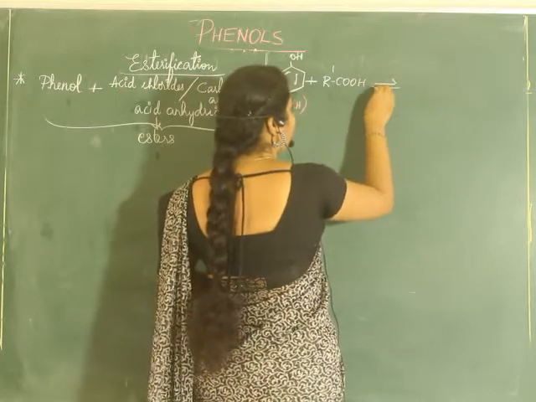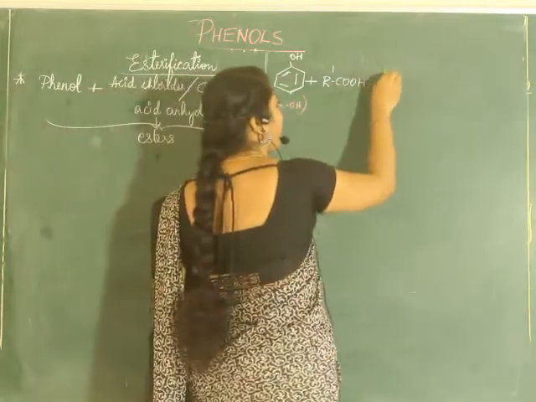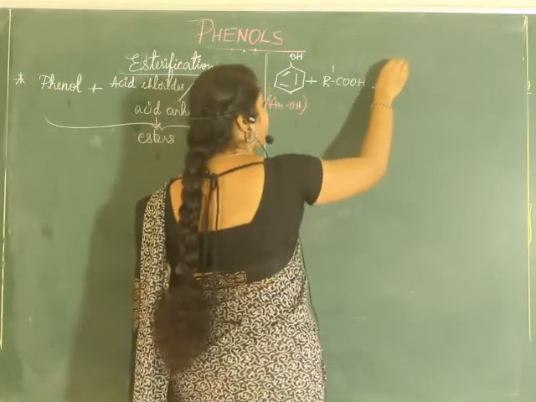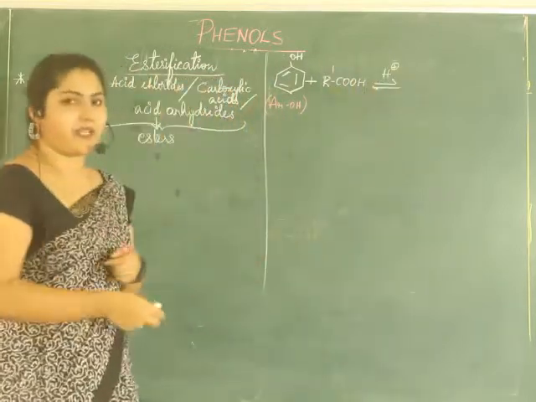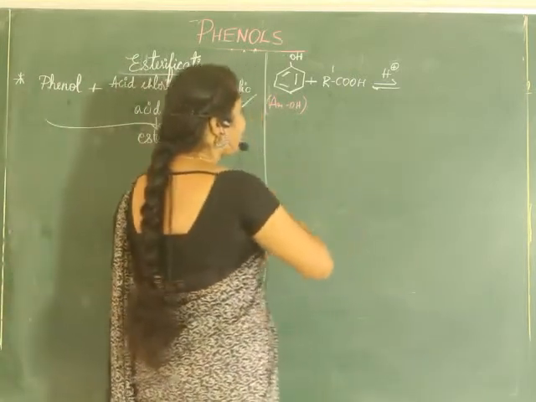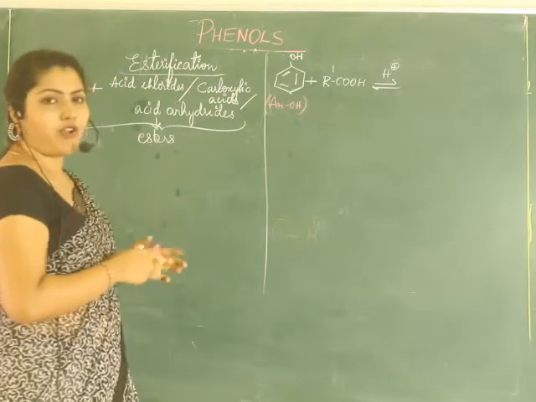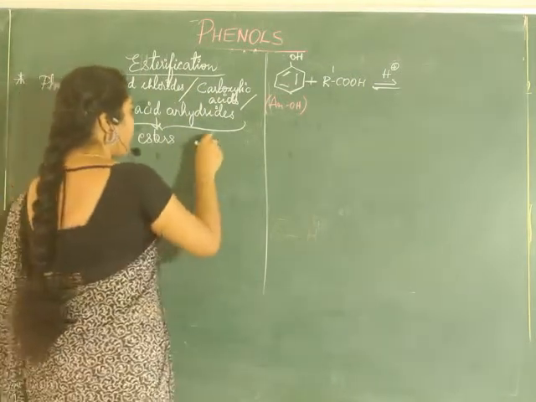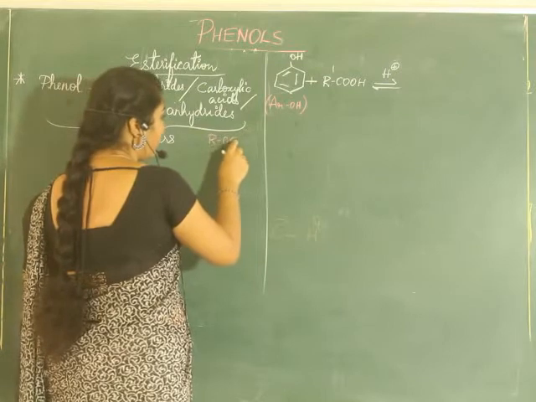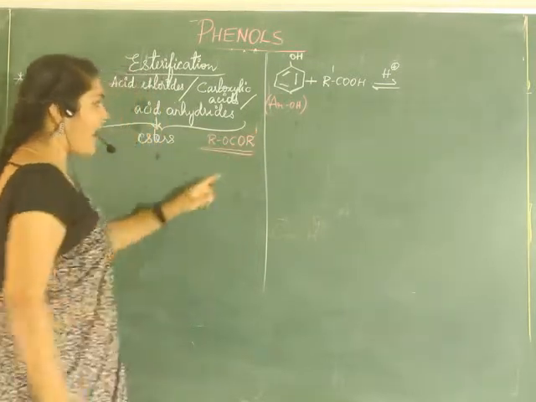So what happens? This takes place in the presence of an acid. It requires some acidic medium. I'll tell you why it requires an acidic medium. Now here I will tell you the formula for esters. ROCOR-. This is the formula for esters.